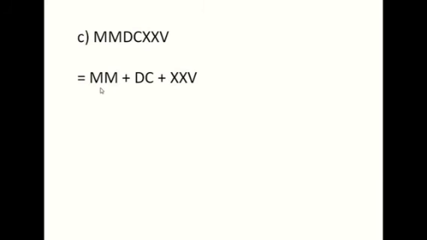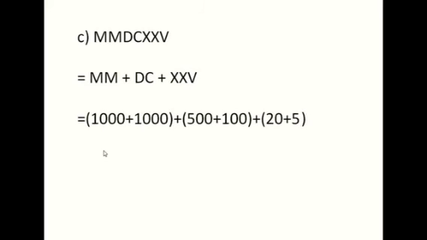Now we will write the values in Hindu-Arabic numerals. M represents 1000, so MM means 1000 plus 1000. DC is 500 plus 100. XXV, so XX means 10 plus 10 gives you 20, plus 5.